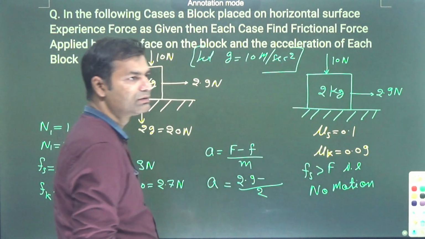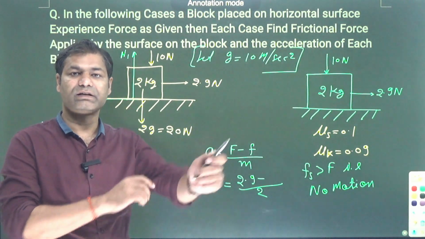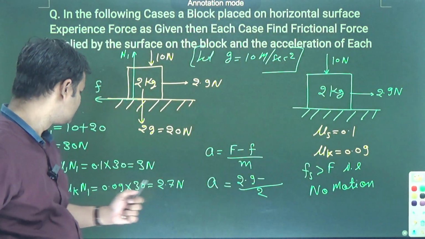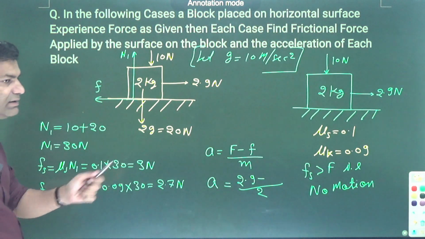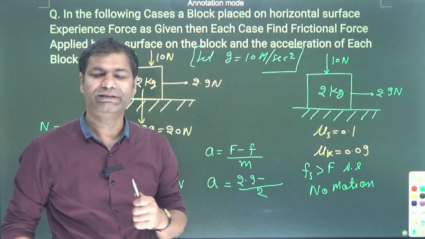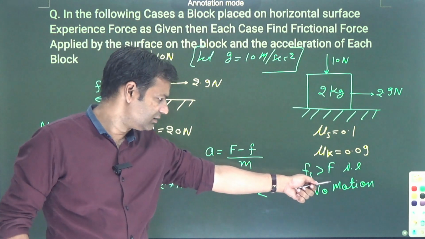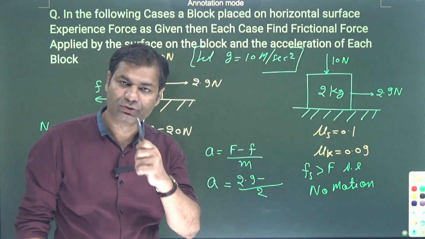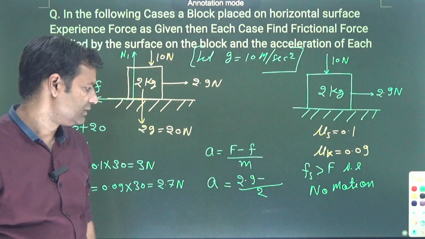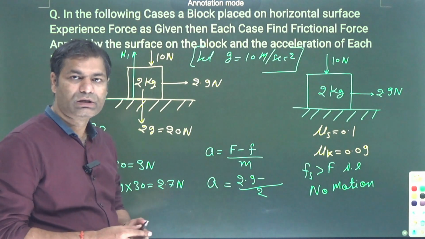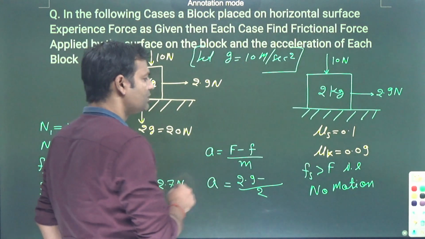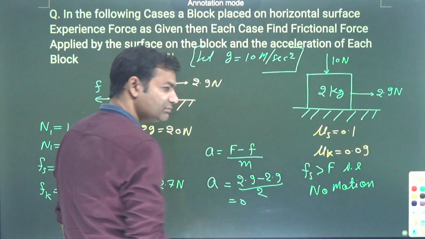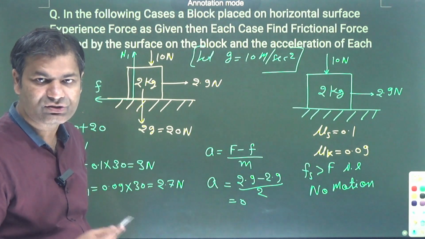Clear or not? Because the frictional force, the static friction, the limiting frictional force of 3 Newton, is greater than the applied force. So no motion. No motion means acceleration is 0.